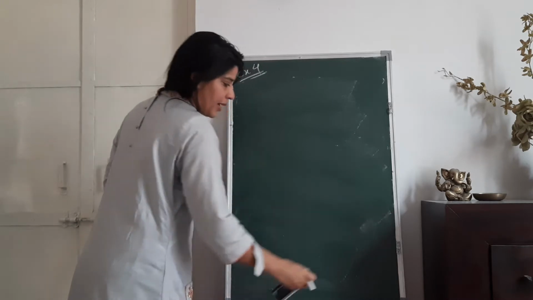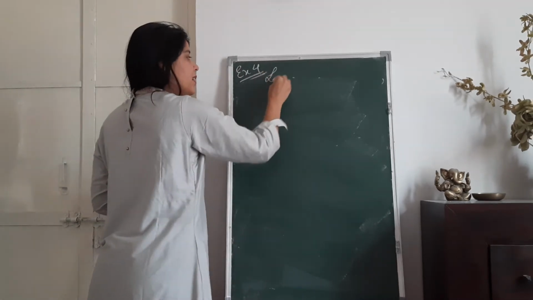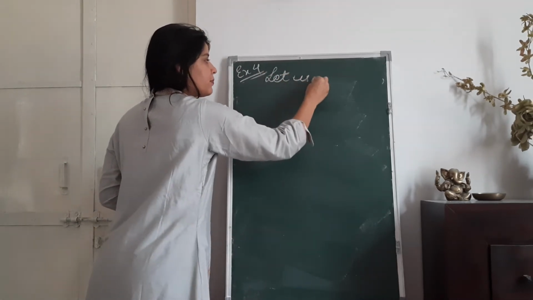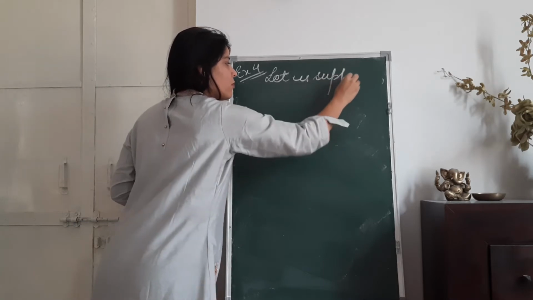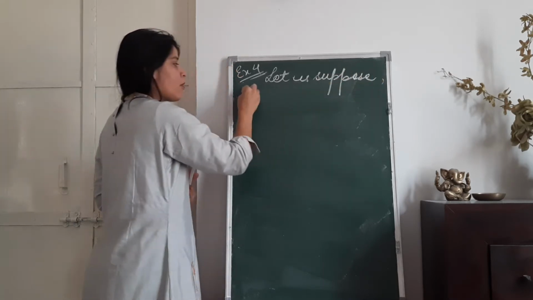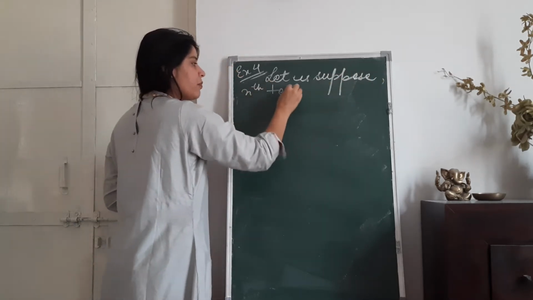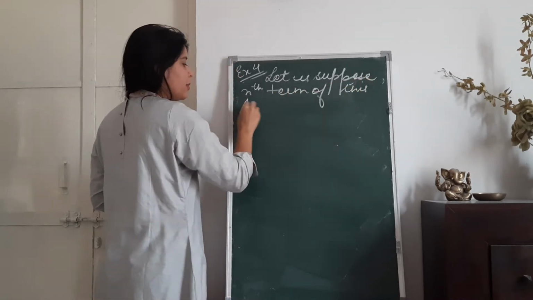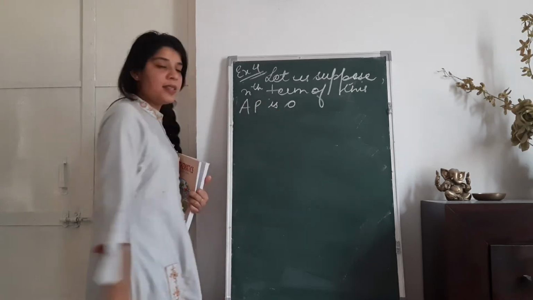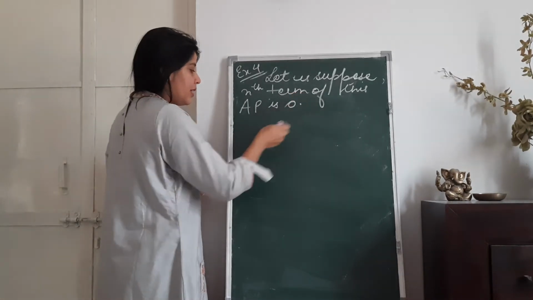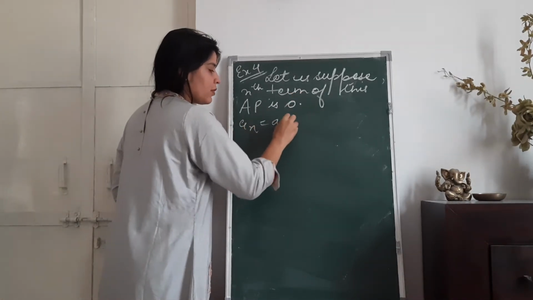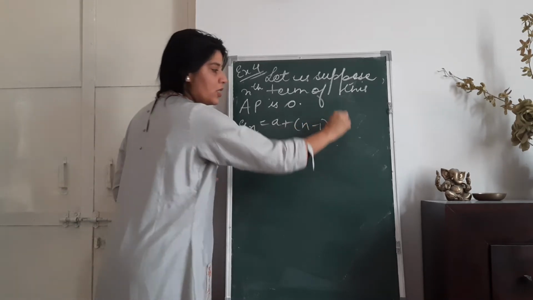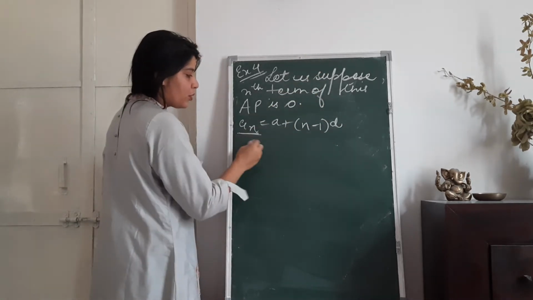Using the same method, let us suppose the nth term of this arithmetic progression is 0. Then an is a plus n minus 1 into d. An is supposed to be 0.